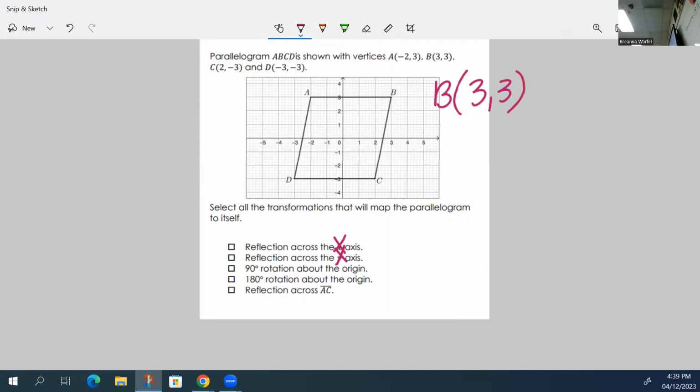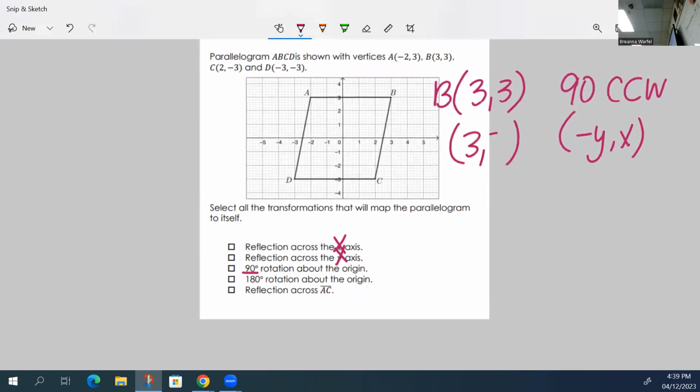If you look at the rules for rotating 90 degrees, there are 2 options, and we can rotate 90 counterclockwise. That rule is you flip them and you make the first number opposite. So we flip the 3, 3, which looks the same, and then make the first one opposite. So B would rotate to -3, 3. You can see the 90-degree rotation here. So again, that one doesn't work.